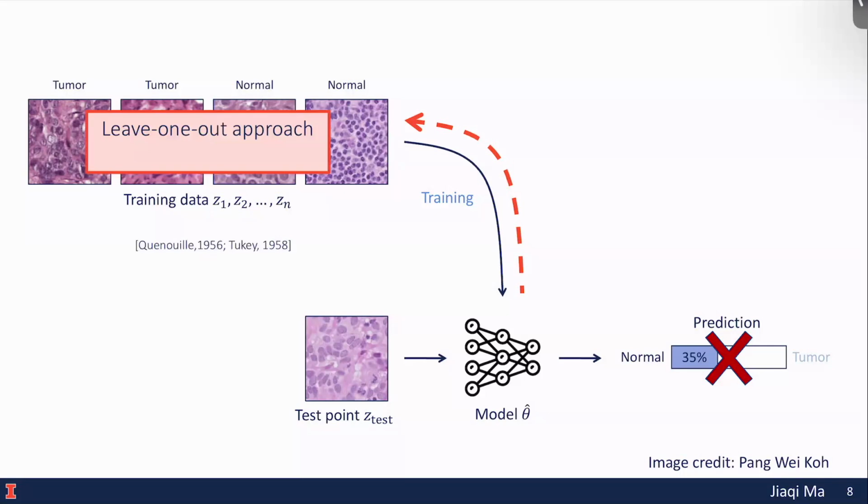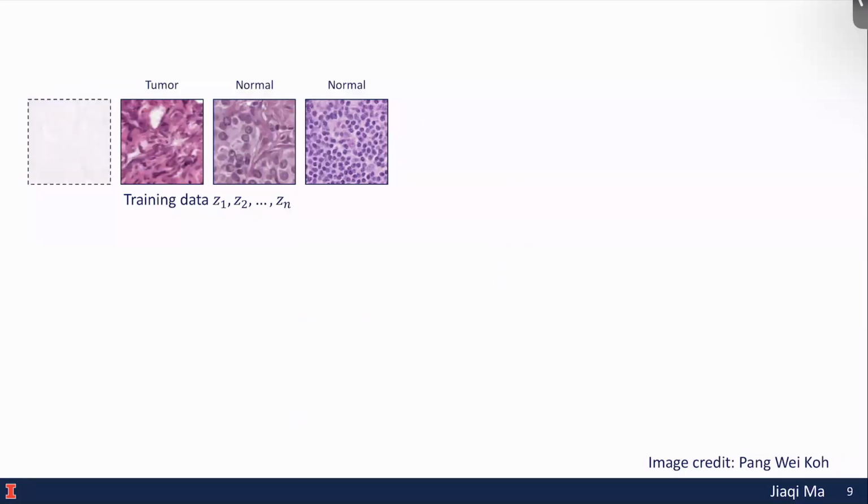There's a classical idea called the leave-one-out approach, which dates back to the 1950s in statistics. The idea is very straightforward. We first remove one data point from the training data set and retrain the model using the remaining training data points.